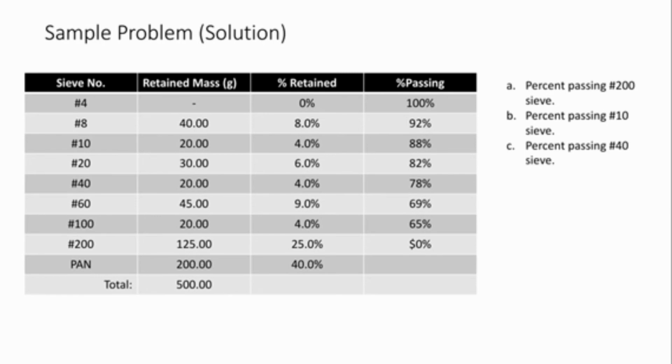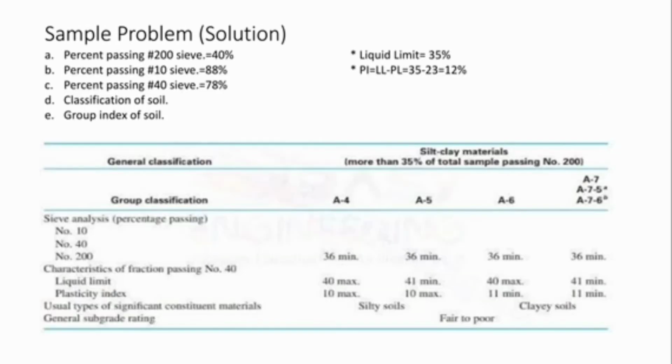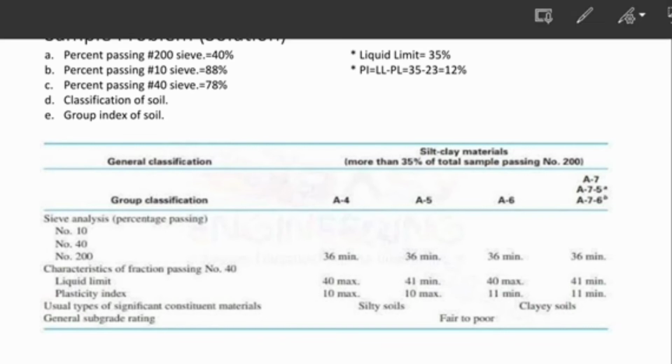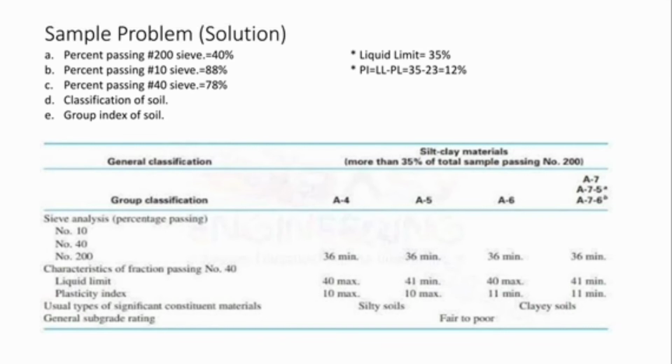I already sent the solution, the much broader solution. Next. Sample solution: after looking at the table, the percent passing of number 200 sieve is 40%, percent passing of number 10 sieve is 88%, and percent passing of number 40 sieve is 78%.